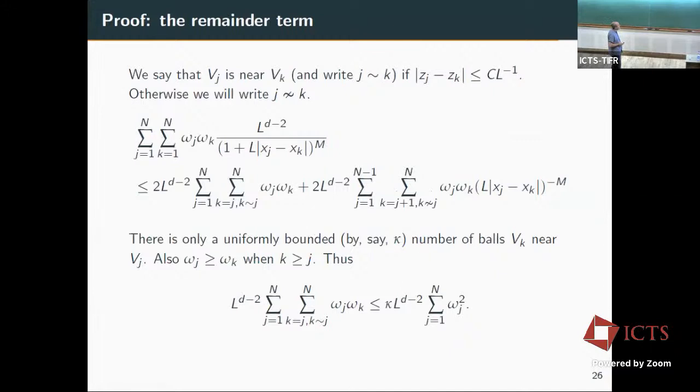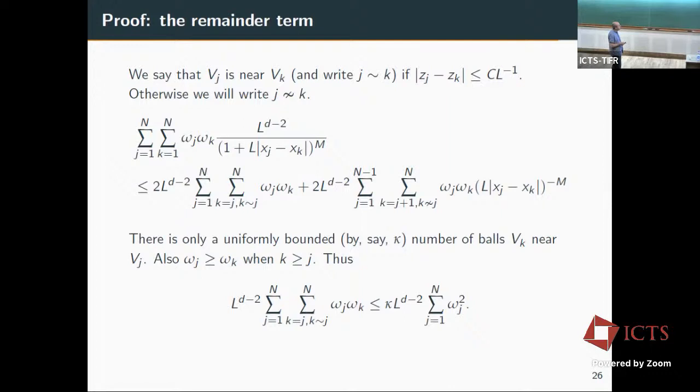Okay, let us see this. So this was the remainder in the third line. I need to distinguish between regions which are near each other and regions which are not.